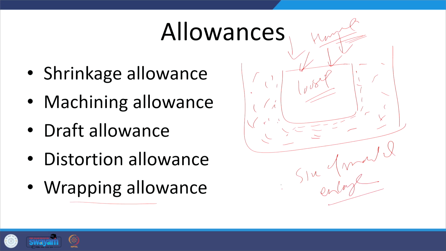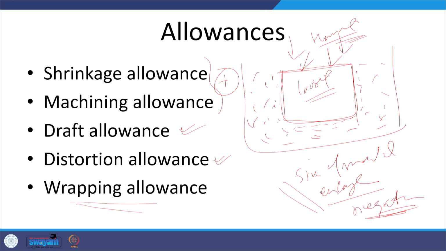Okay. So, this is the allowance which is the negative one, other allowances are the positive ones. So, you see, draft allowance is for vertical surfaces, distortion allowance for considering the distortion, machining allowance, and these are the positive allowances where larger dimensions are realized in the pattern. The wrapping allowance is the negative allowance, and we want to make the pattern of a smaller size, considering the tendency of increasing size due to the tapping of the pattern while taking it out from the mold.